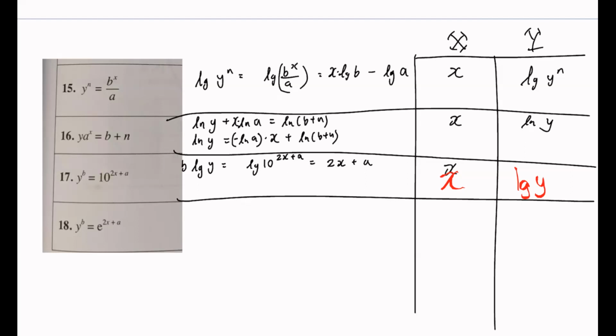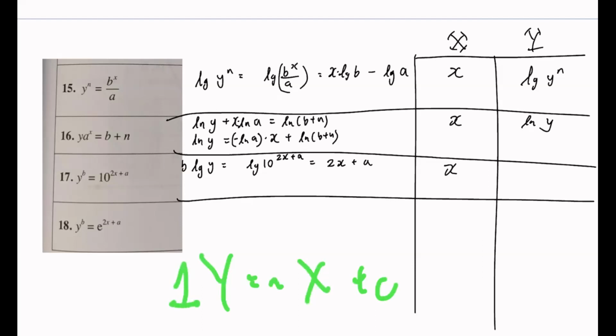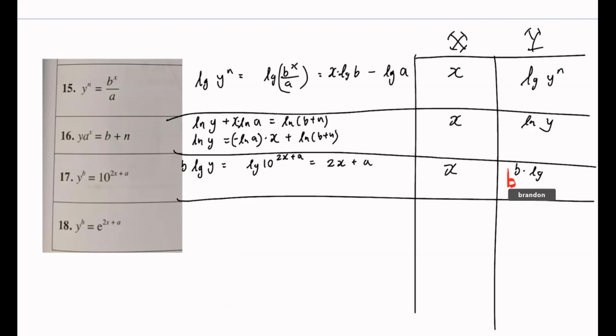Here in this case, you cannot be just lg y anymore, because you see, y equals mx plus c, the coefficient of y is 1. So it must become b times lg y. Or you could divide by b. Then you will transfer over to the m and the c.